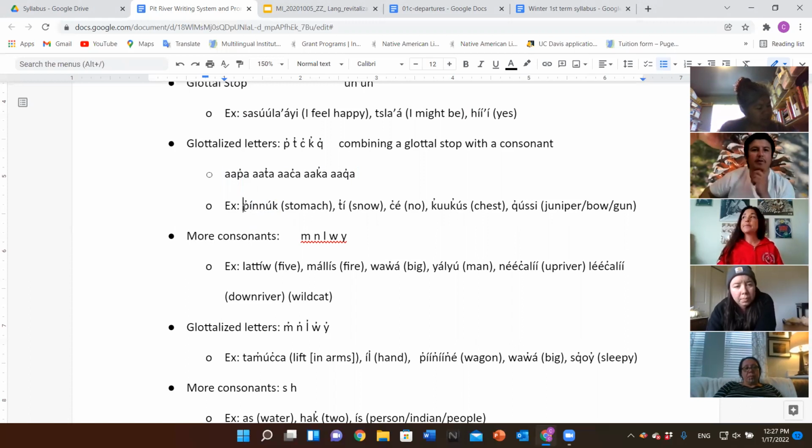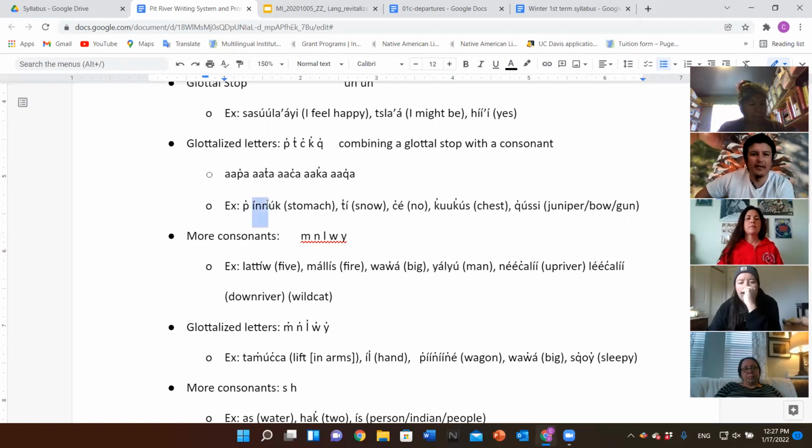So this would be Inuk. If you said it without the P, it would just be Inuk. So this I is kind of creaky. And then here we have D for snow.